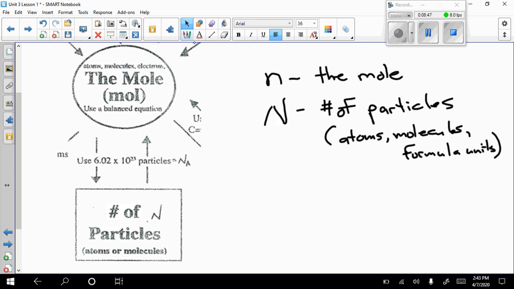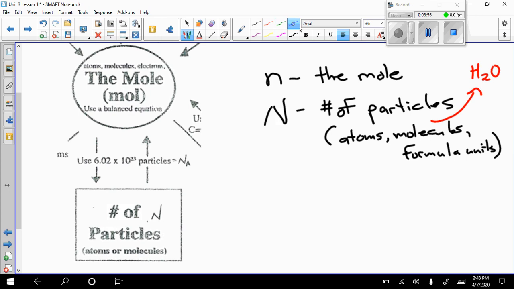A good example of a molecule might be H2O, and a good example of a formula unit might be something like MgCl2. Obviously an atom would be just something like copper. So the number of particles could be the number of copper atoms, the number of H2O molecules, or the number of MgCl2 magnesium chloride formula units.